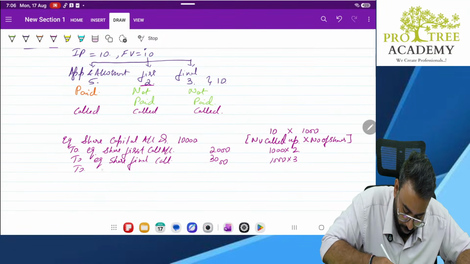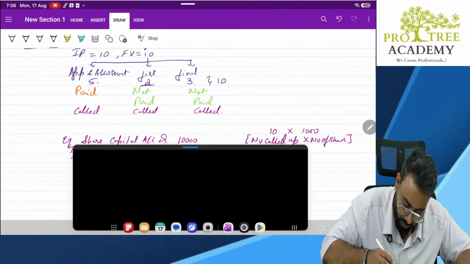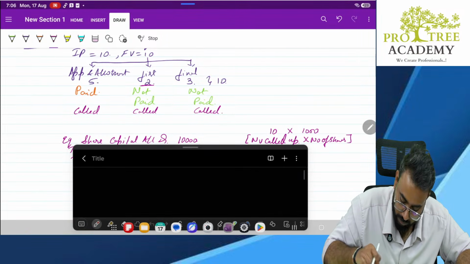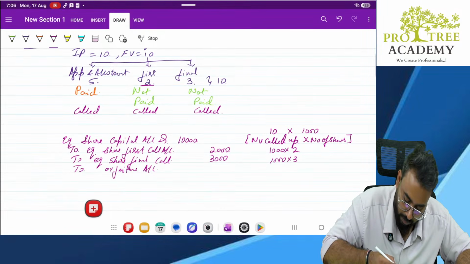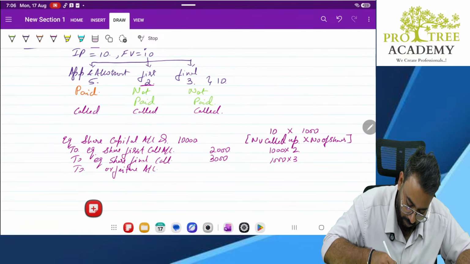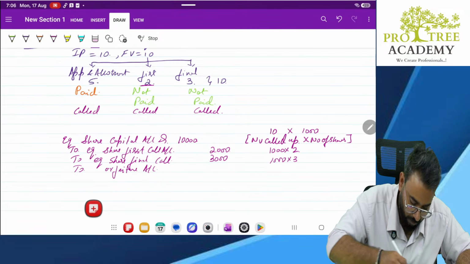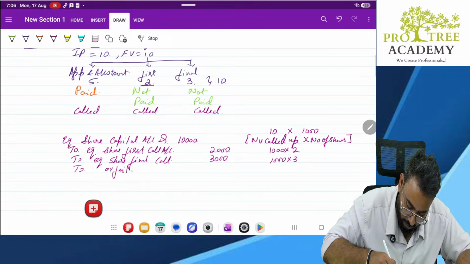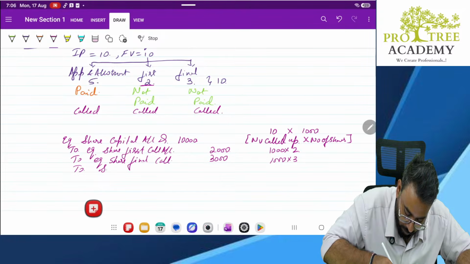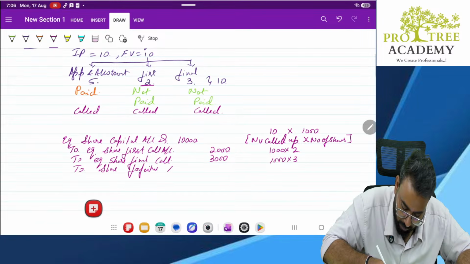Remaining is forfeiture. To share forfeiture account.